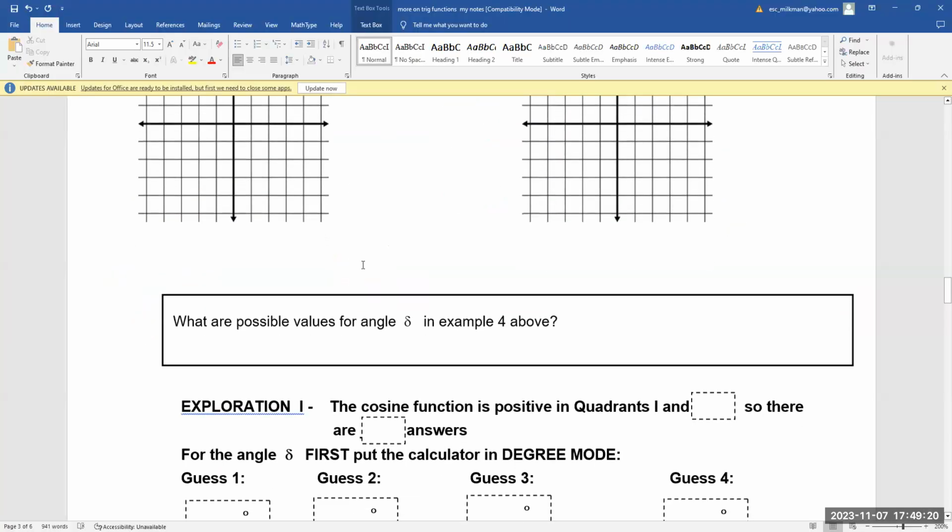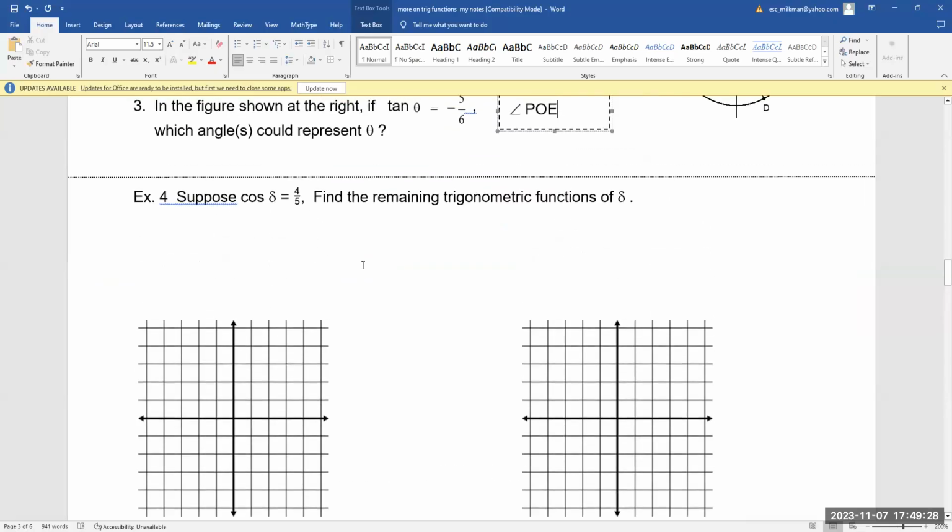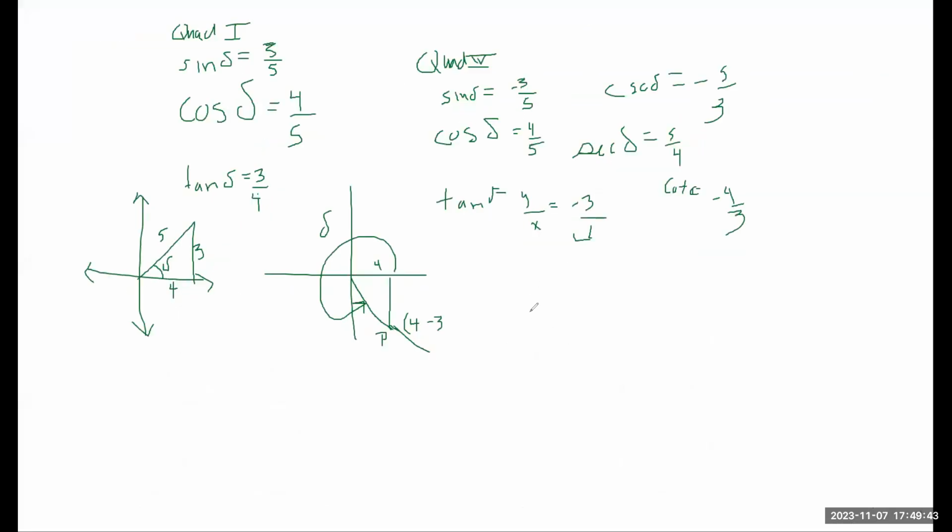What are the possible values for angle delta in example 4 above? Oh, you know what? I wanted to show you something else on example number 4. Let me go back to that whiteboard. Because the way I normally do it, like if I were doing this on my homework, I wouldn't do it this way. I would use the cosine squared of delta added to the sine squared delta.